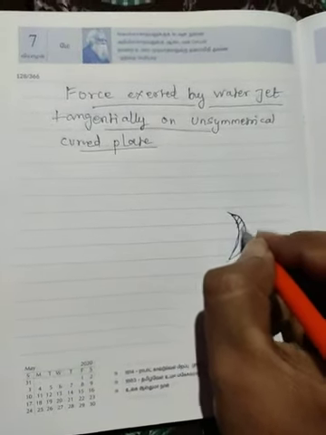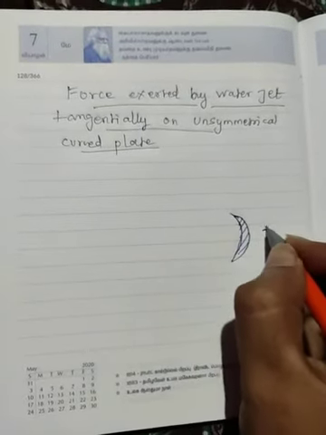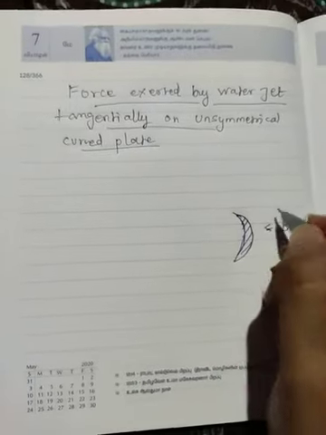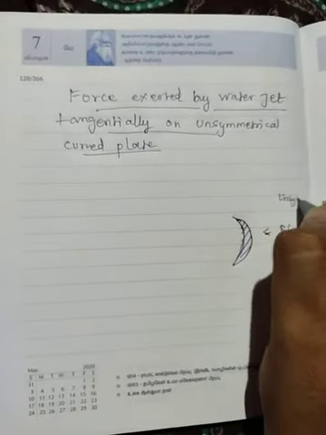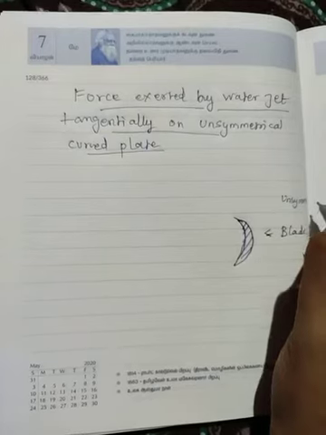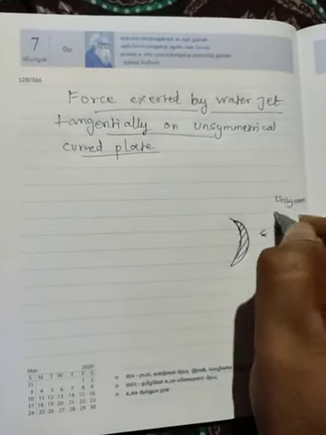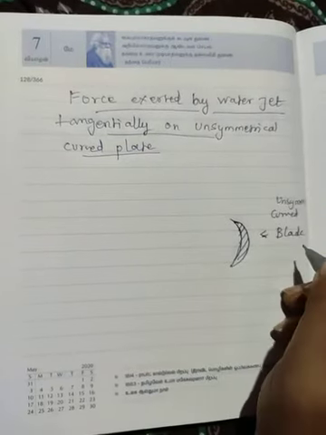Symmetrical means when we dissect at the half of the section, the two portions will be the same. Here it is not the case. If we dissect at the center, the two portions will not be the same. So that is the unsymmetrical curved plate.